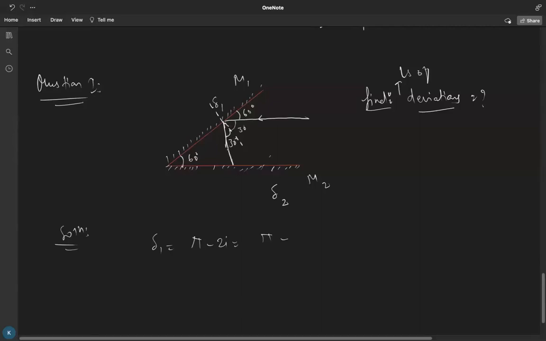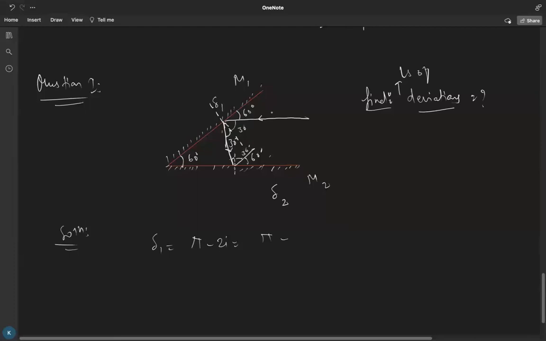And now from mirror 2, when you draw the normal here, this angle is 60 degrees, so this angle is 30 degrees. So again there is a reflection by 30 degrees, so this angle is again 60 degrees, right?